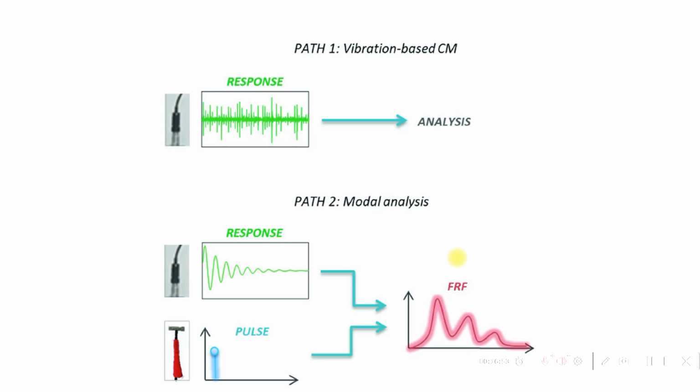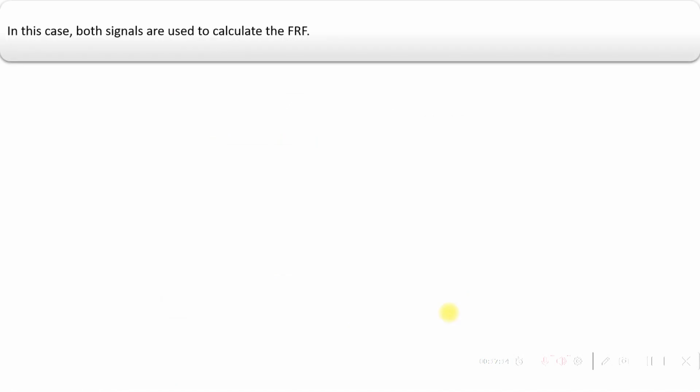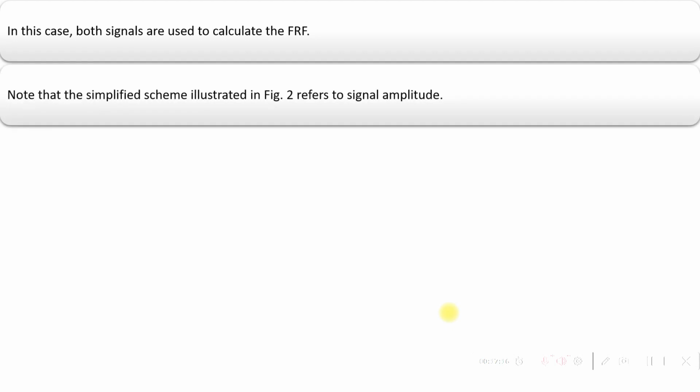You can see here, this is path 1, the vibration based condition monitoring analysis, and this is the modal analysis. That is, the response with combination of force, that is pulses, is equal to FRF. In this case, both signals are used to calculate the FRF.